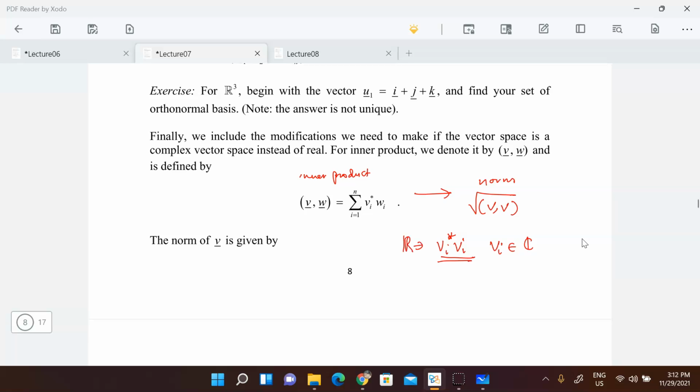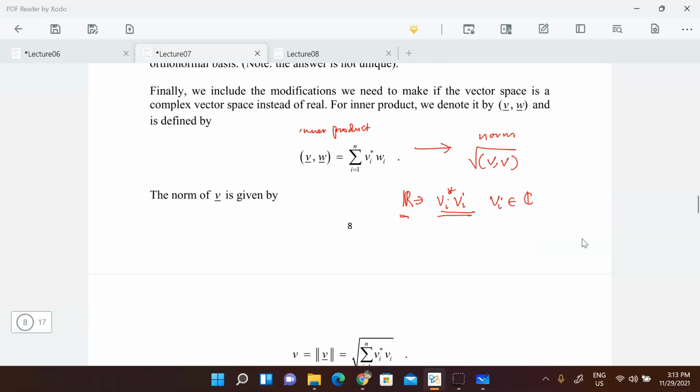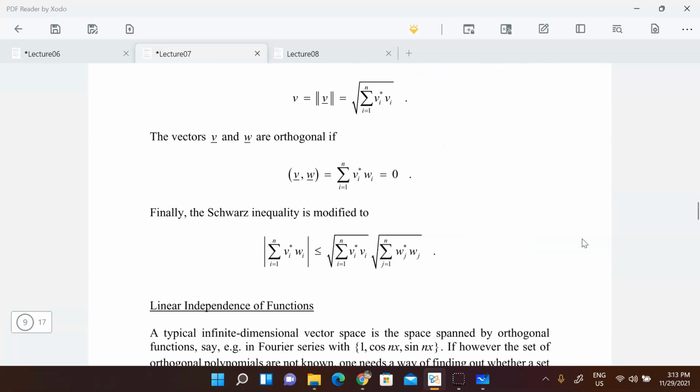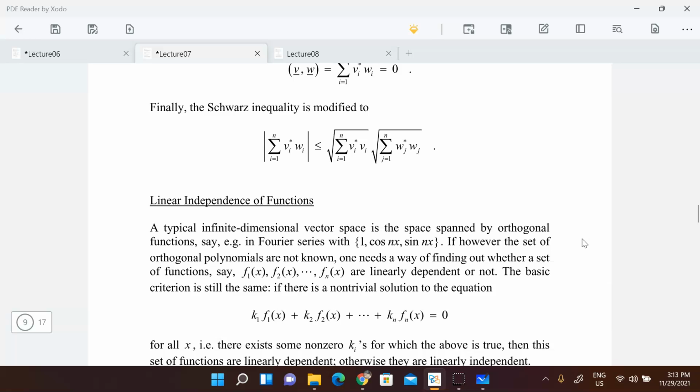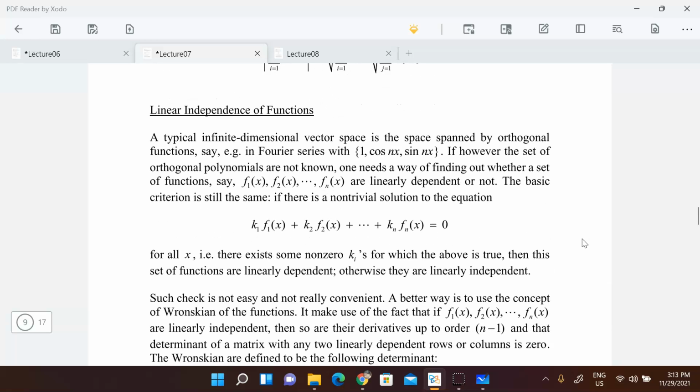And that's what you need for the norm. Okay, your norm sort of gives the length. The length is given by a real number. So that's why you need a slightly different definition for the case of inner product with a complex vector space. Okay. So I think the rest should be easy to follow.